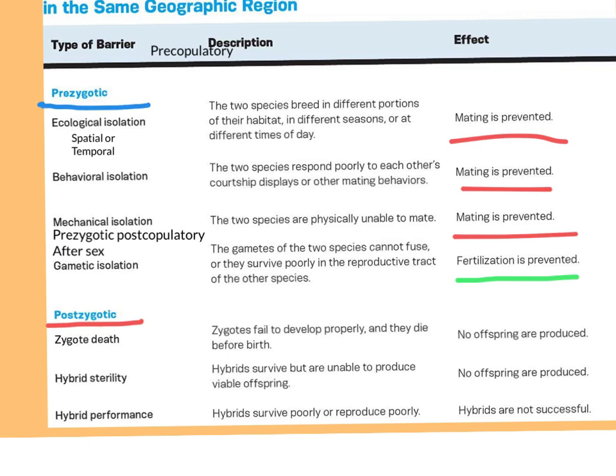Zygotes fail to develop properly and die before birth. So it's not a zygote, it becomes an embryo. You can have a zygote that never goes any further than the single-cell fertilized egg, but you can have it further down the line, so miscarriages. So no offspring are produced.